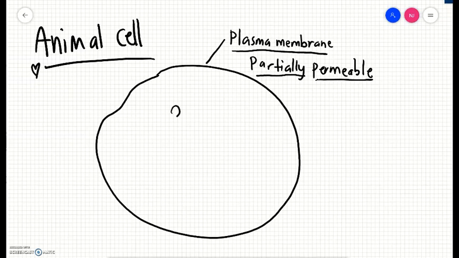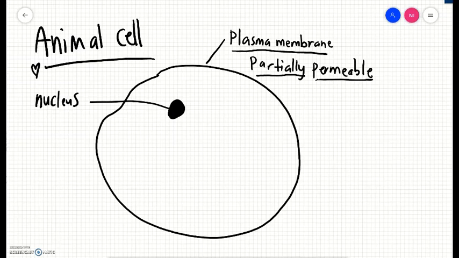Okay, next is the largest component in the cell, the nucleus. When there are many nucleus, plural, we call it nuclei. The structure is spherical and compressed.